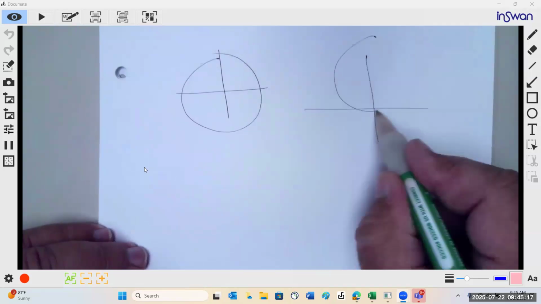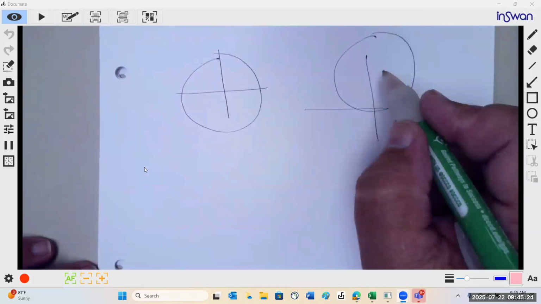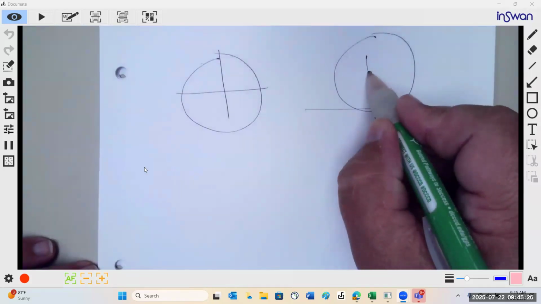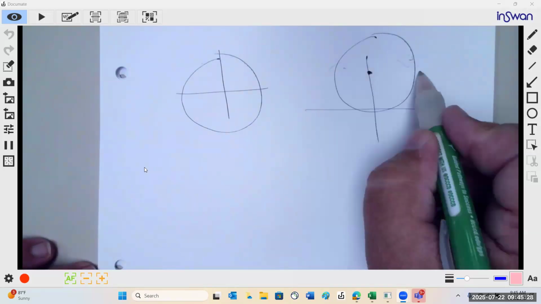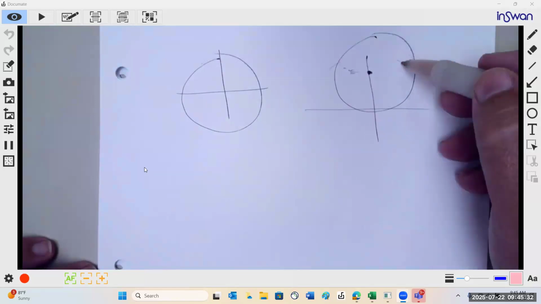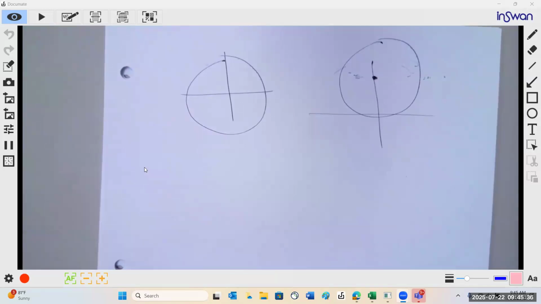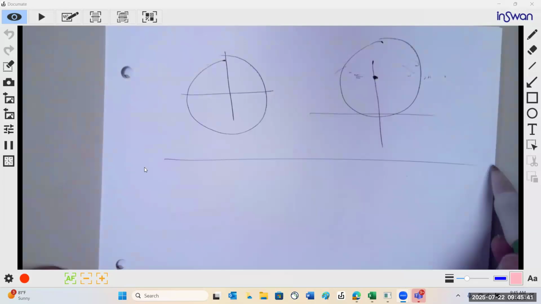If the circle is not at the origin, it's no longer symmetric about the origin. If it's straight up and down with a center, then it's symmetric about the y-axis, but not the x-axis, because the x-axis is all the way down here. So be very careful if there's any transformation, any shifts, which we'll talk about in this chapter.